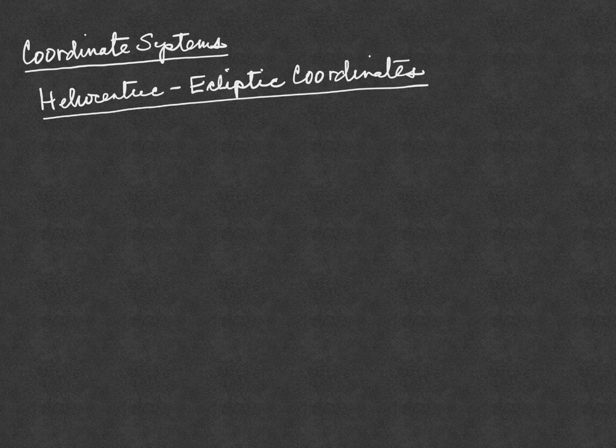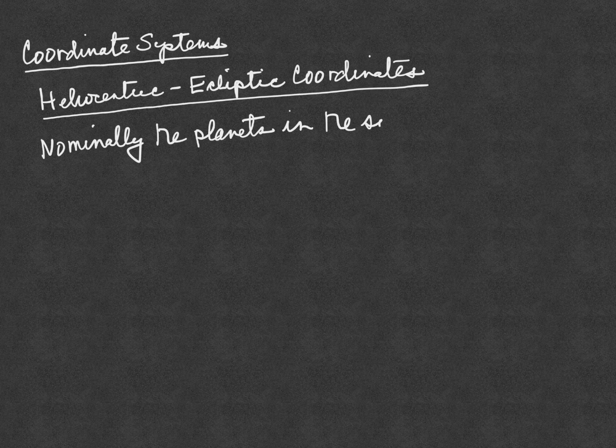The way this works is that nominally, and when I say nominally, what I really mean is approximately, the planets in the solar system move in an inertially fixed plane.